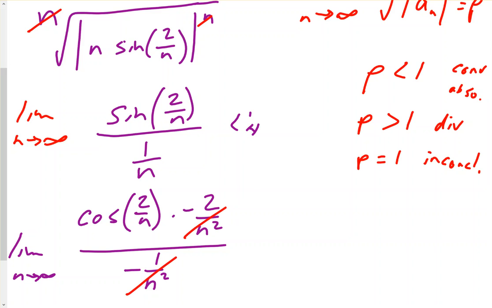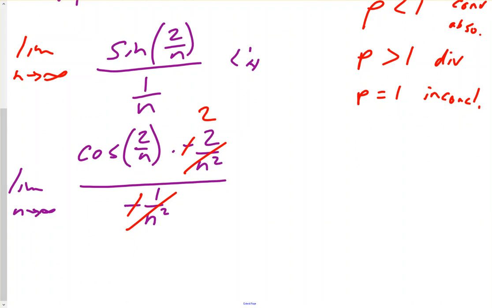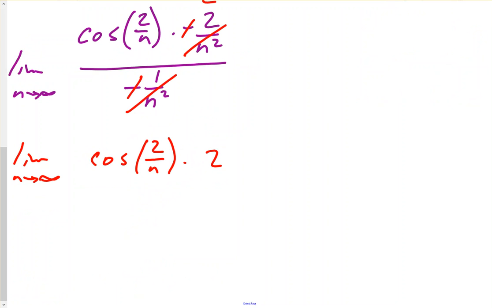The two negatives will cancel, so we're left with a 2 up here. So we have the limit as n approaches infinity of cosine of 2 over n times 2.